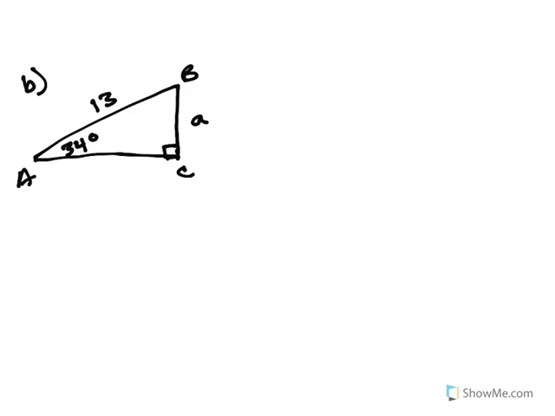Let's do another one. Okay, in this case, I'm given the angle 34 degrees. I'm trying to find A, which is the opposite side, and I'm given the hypotenuse. So which trig function relates the opposite side and the hypotenuse? Sine does.